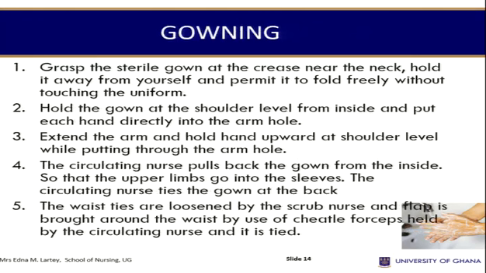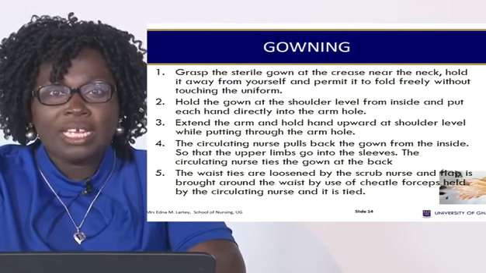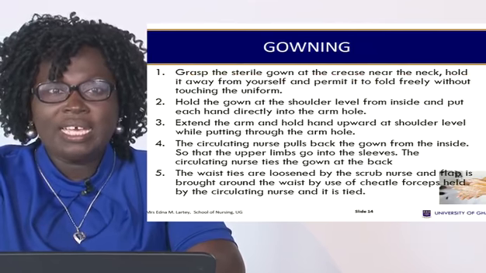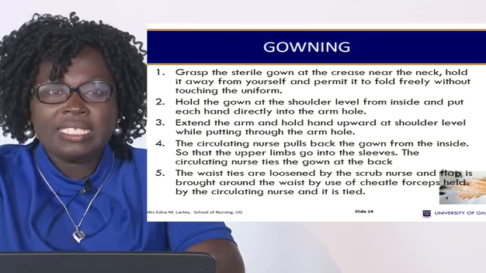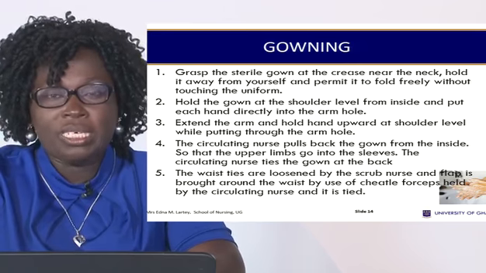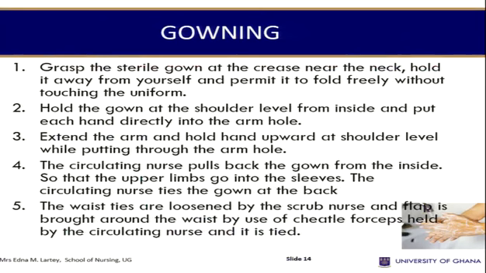Gowning. Grasp the sterile gown at the crease near the neck. Hold it away from yourself and permit it to unfold freely without touching the uniform. Hold the gown at shoulder level from inside and put each hand directly into the armhole. Extend the arms and hold hands upward at shoulder level while putting them through the armholes.